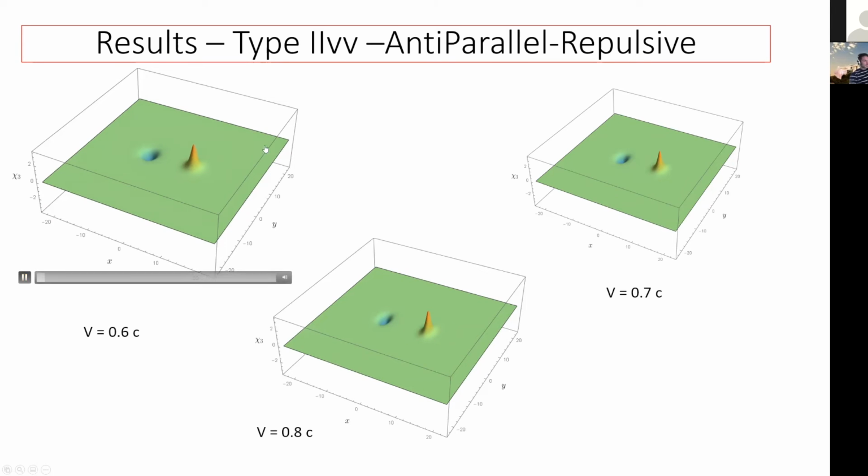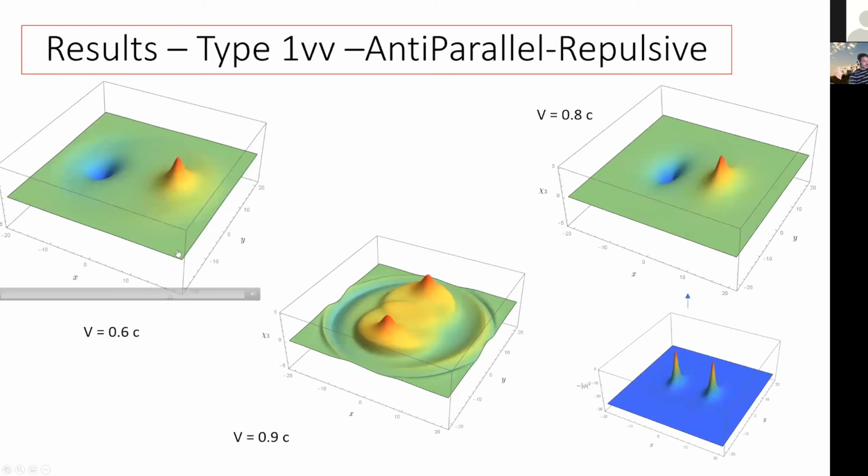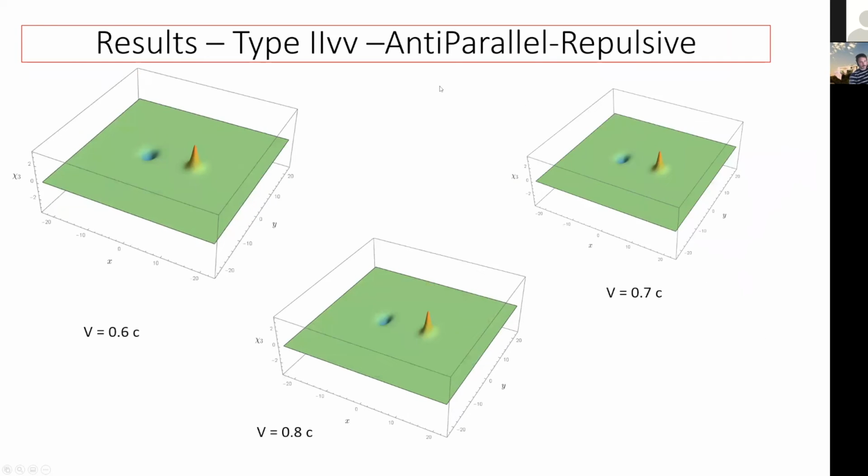So this is another case where they're anti-parallel, but in this case, repulsive. We expect similar stuff, right? Anti-parallel repulsive, anti-parallel repulsive. We expect this to be kind of similar. We see that if we approach each other with small enough velocity, nothing really happens.